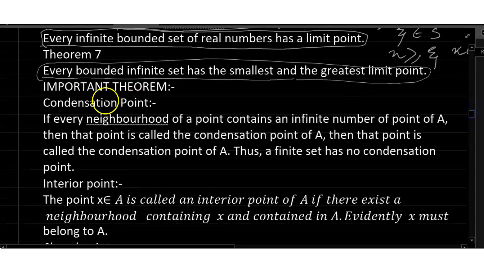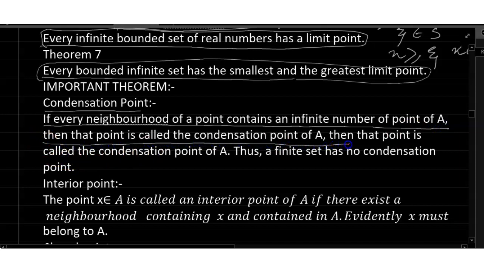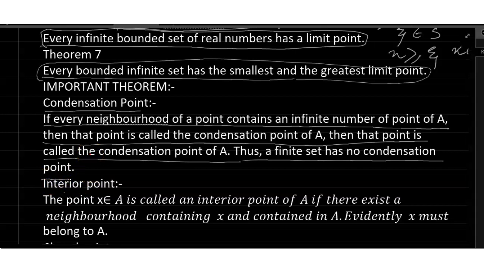Now the important concept is the condensation point. If every neighborhood of a point contains an infinite number of points of A, then that point is called a condensation point of A. Thus, a finite set has no condensation point.